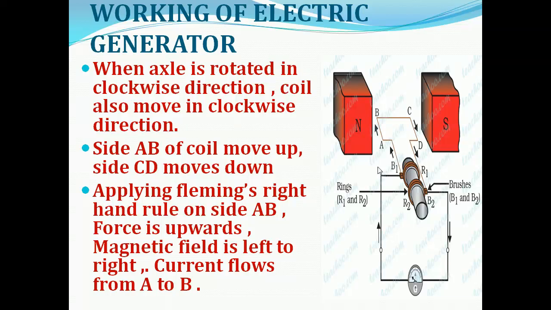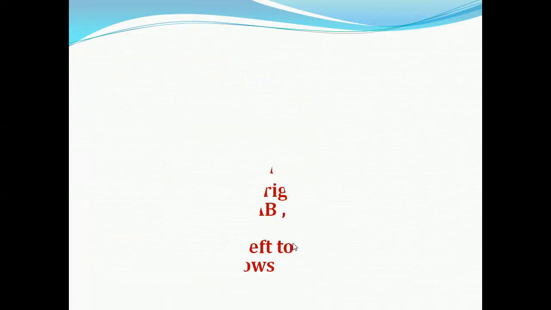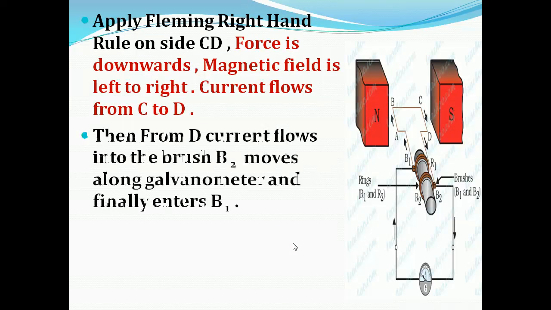Applying Fleming's right hand rule on side AB, the force is upward, the magnetic field is from left to right, and the current flows from A to B. Now apply Fleming's right hand rule on side CD.